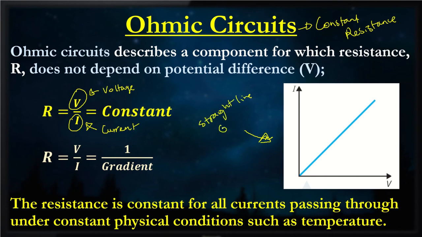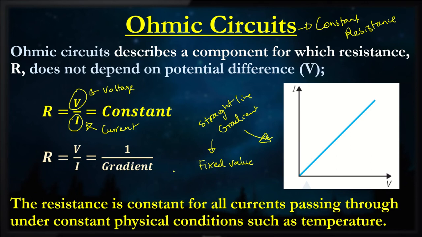So obviously if we have a straight line gradient, that would imply that the value is going to be a fixed value. So that value doesn't change, it is just at a flat rate in that sense.